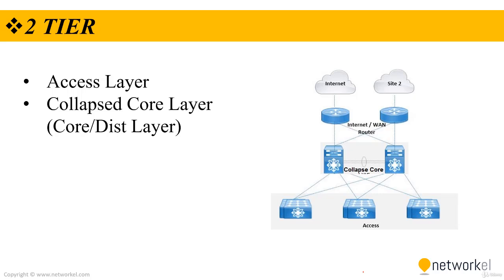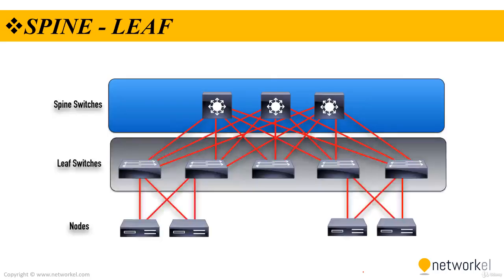The primary motivation for the collapsed core design is reducing the network cost while maintaining most of the benefits of the three-tier hierarchical model. Now let's finish this session with the spine leaf.